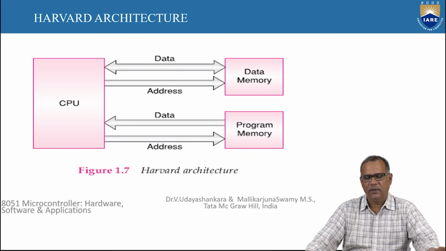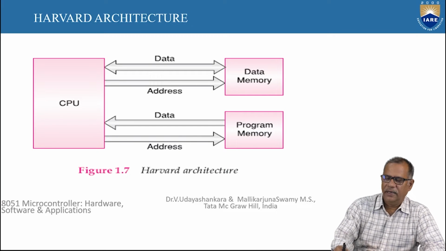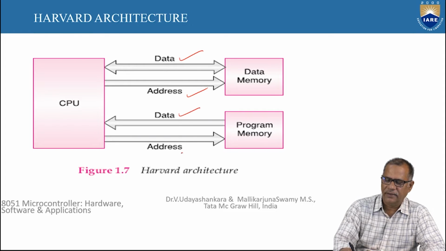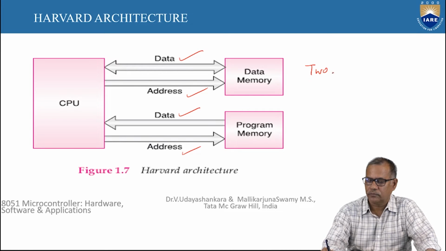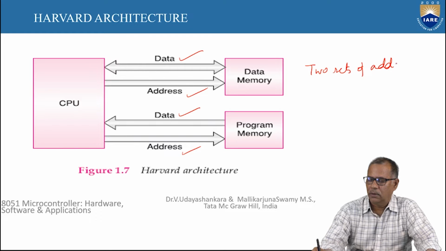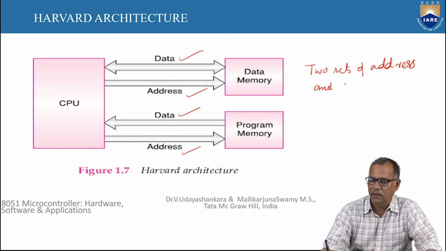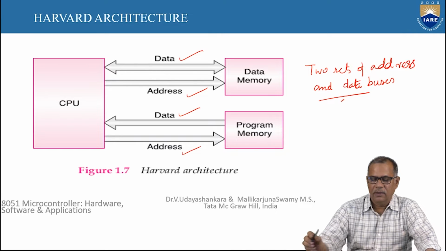Now coming to the Harvard architecture, as you see here, the data memory has its own data and address bus, and the program memory has its own data and address buses. So there are 2 sets of address and data buses.